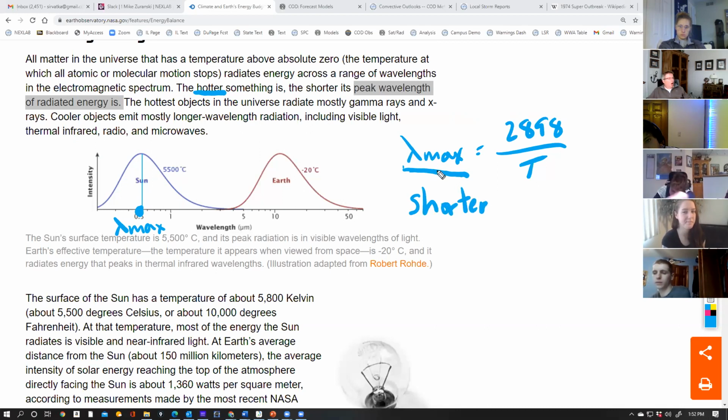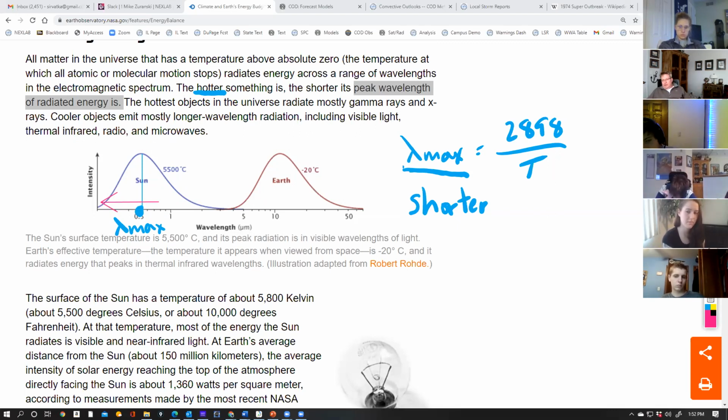It should be a smaller value, which, because it's a length, smaller lengths we call shorter. That's the words that we use. Which way is shorter on this graph? To the left is shorter.